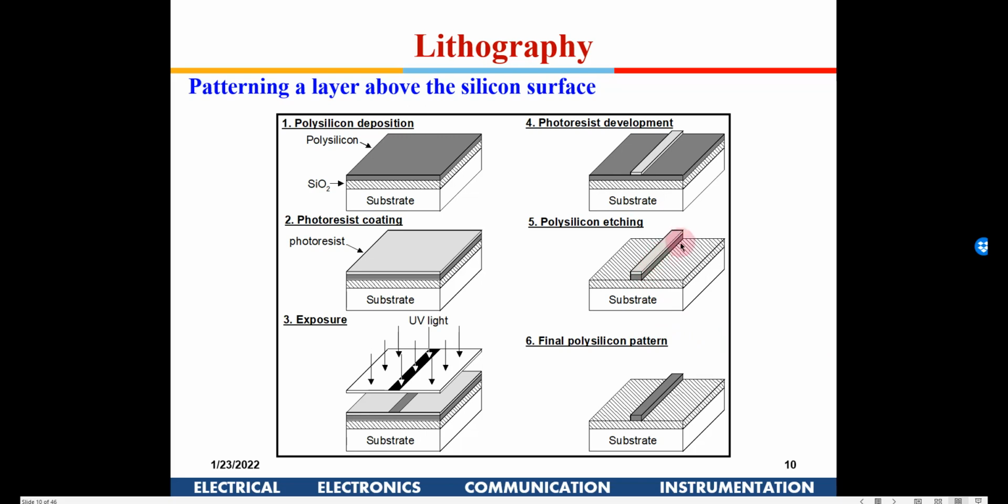If I am going to use this polysilicon as a gate material, polysilicon is generally used for the gate contact. Here you see the substrate, oxide, and then polysilicon, and here the polysilicon has been removed. You will make source and drain implants here later on, but this polysilicon has remained because you put the photoresist on top of it. These are the various steps involved in lithography.